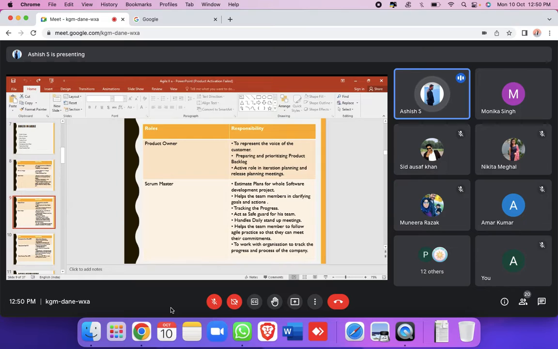Someone is asking whether there is only one Scrum Master in a project, or whether different teams will have different Scrum Masters.